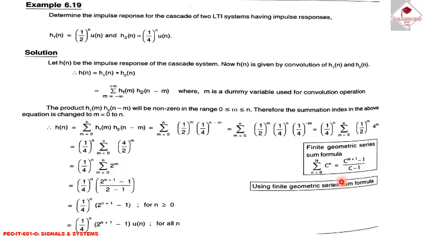We can use the formula for a geometric series: the summation of n equal to 0 to N of c to the power n equals (c to the power N plus 1 minus 1) divided by (c minus 1). Putting in the values: (2 to the power n plus 1 minus 1) divided by (2 minus 1). By using this formula, we get the result (1/4) to the power n times (2 to the power n plus 1 minus 1) times u(n), for all values of n.